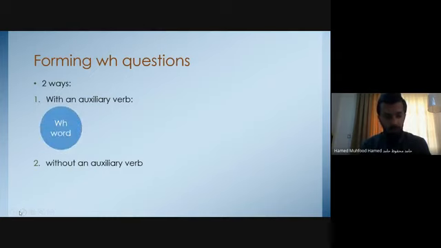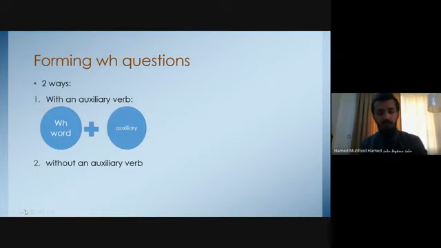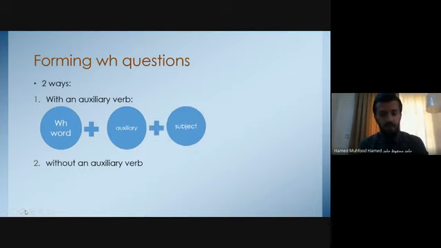We said that if we are to use an auxiliary verb, it means that we should start the WH question with a WH word, of course, and then it should be followed by an auxiliary verb, and then after it we should have the subject and then the main verb of the sentence, and of course this is the typical WH question.